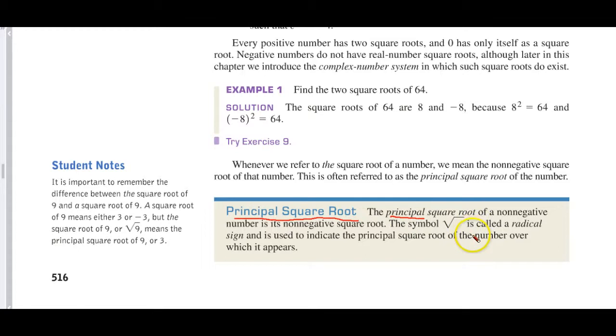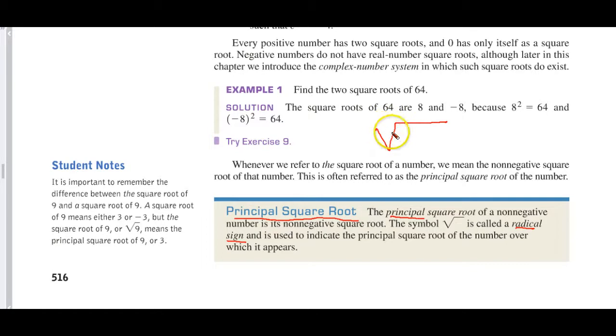Okay? Now, another thing too, the symbol, this is called the radical sign. And what is under the radical sign, you'll see shortly, is called the radicand. And any number that might appear here is called the index or the index number.